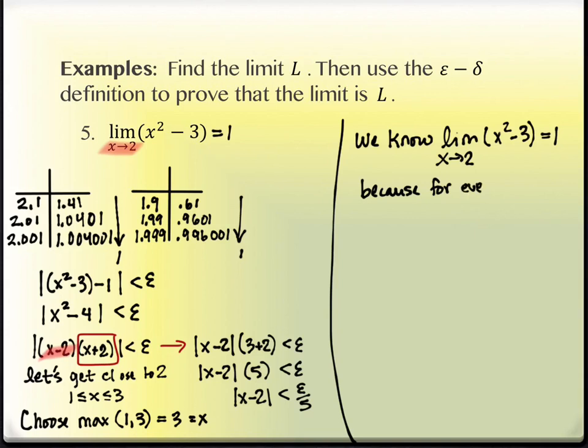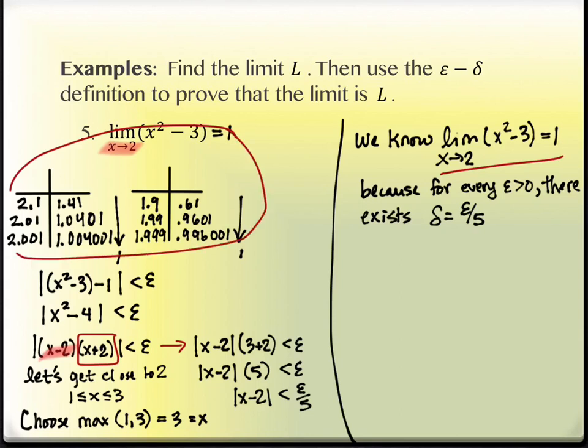For every epsilon greater than 0, there exists delta equal to epsilon over 5. Okay, remember, it always comes down from here. This is the first place where we're using information that we've created. The epsilon over 5 is. So the first part comes from the limit stuff that we did up here at the beginning, right?